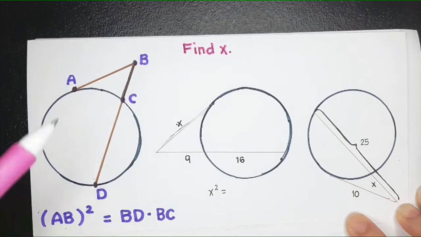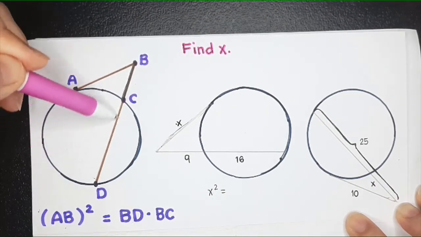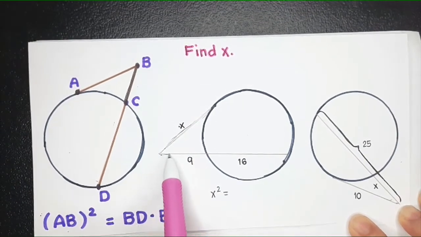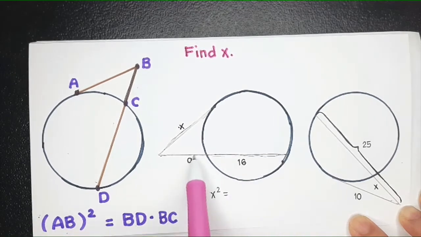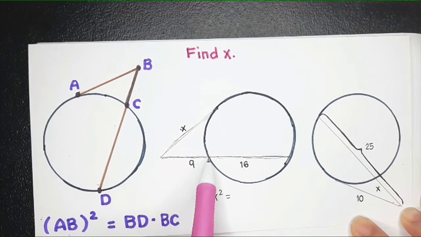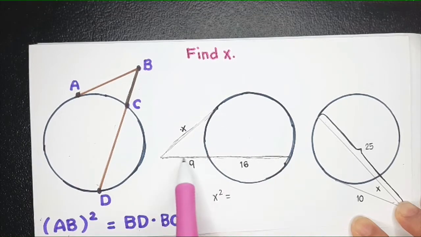Asan yung BD again? Here. Yung haba nitong secant segment, buong secant segment. So, ibig sabihin, ito simula dito hanggang dito. Right? Gaano kahaba yan? Kung yung 9, from here up to here lamang, 9 yon. Tapos from here up to here, 16. So, gaano kahaba to?